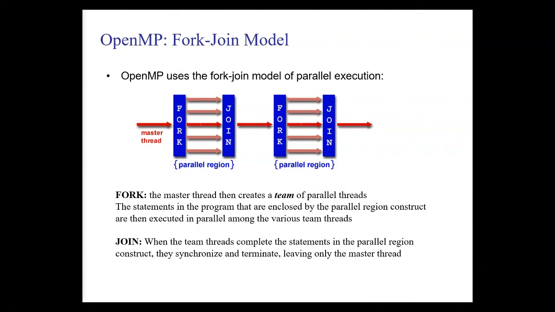It's basically a sequential code, and at some parts your code will run in parallel using a team of threads, then go back to sequential code, and then start in parallel again. So that's pretty much a partial parallelization. Mostly it's a local parallelization, where you parallelize the most time-consuming parts of your code.